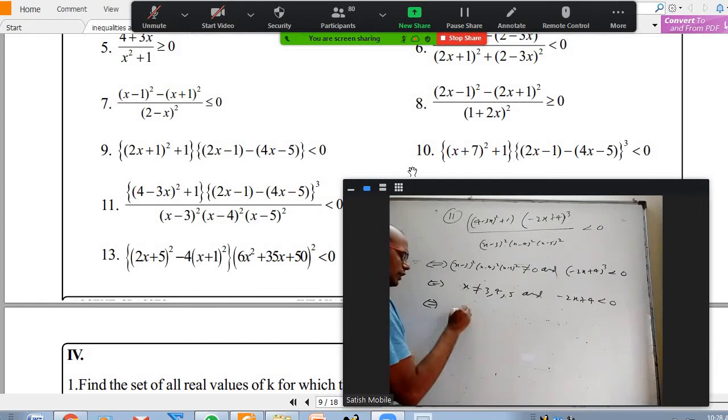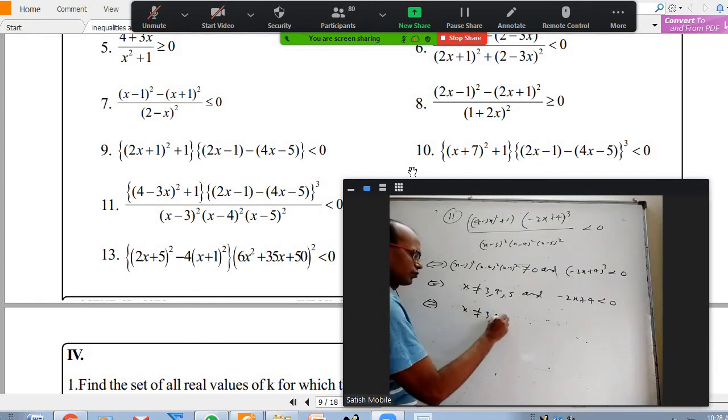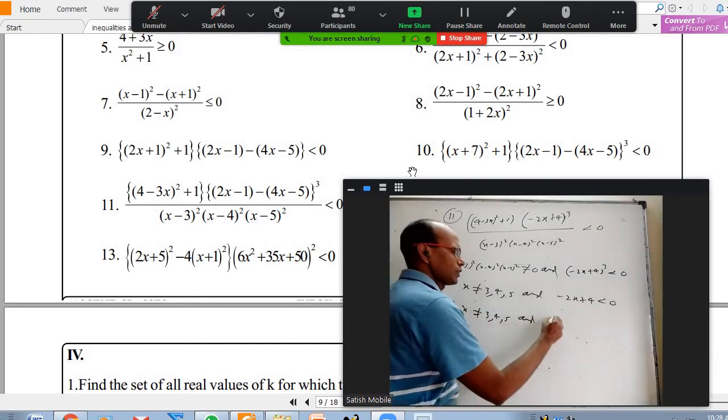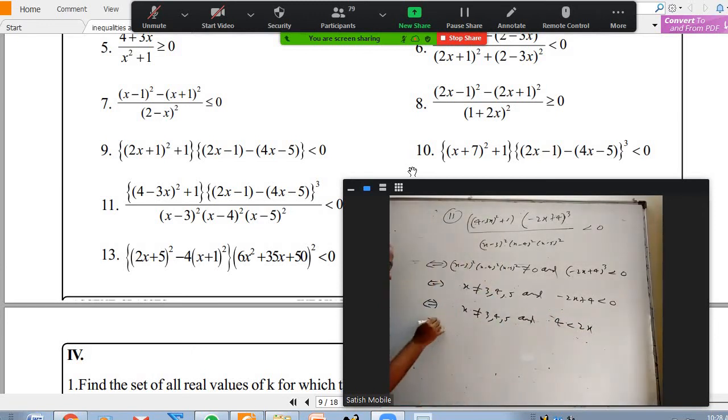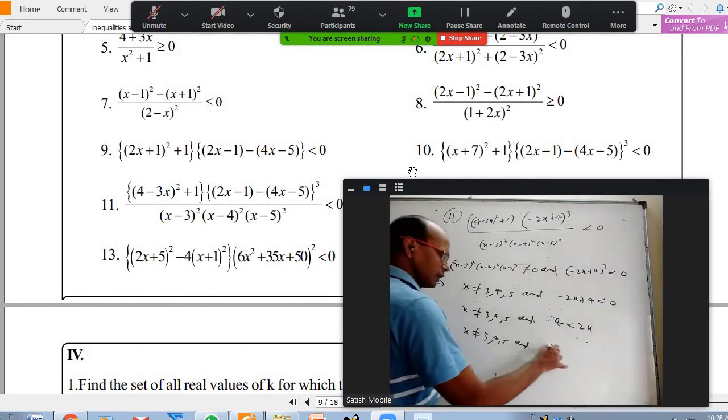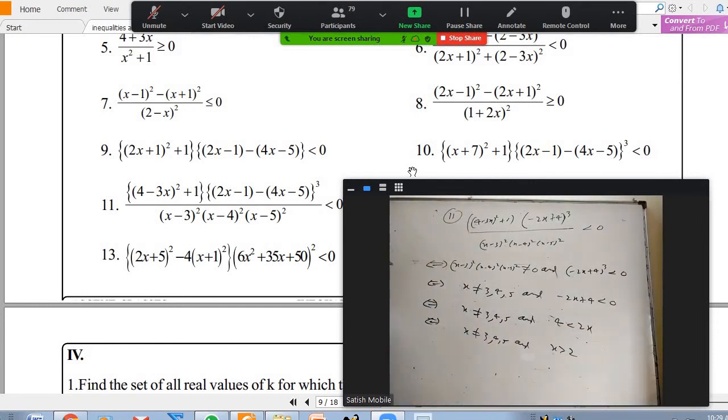Now we got x should not be 3, 4, 5, and here we'll get 4 less than 2x. X should not be 3, 4, 5, and x greater than 2. So we got x should be more than 2, but within more than 2, 3, 4, 5 are there. So how to write this?